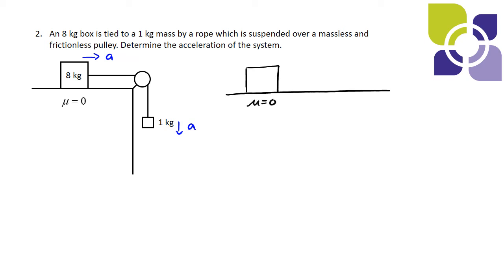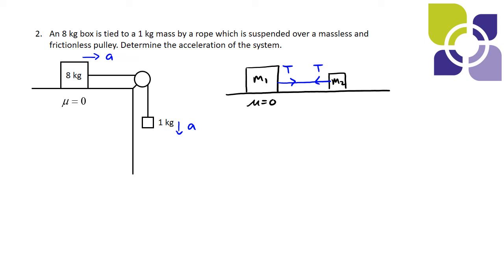So here's block 1, on a frictionless surface, and we're going to tie it to block 2, and now we can think about these tensions as acting equally and oppositely on one surface together.